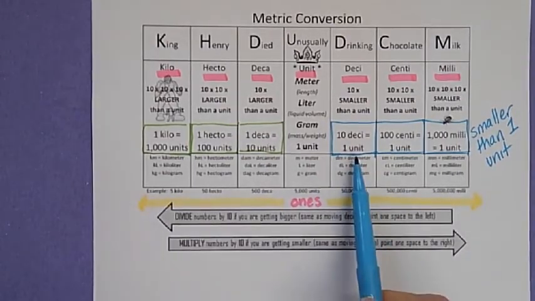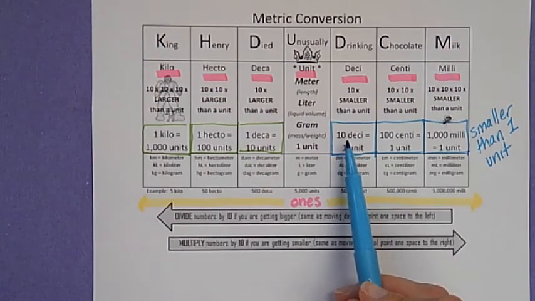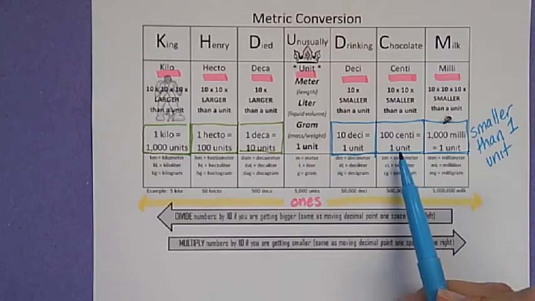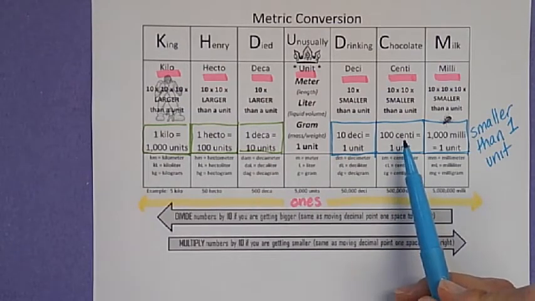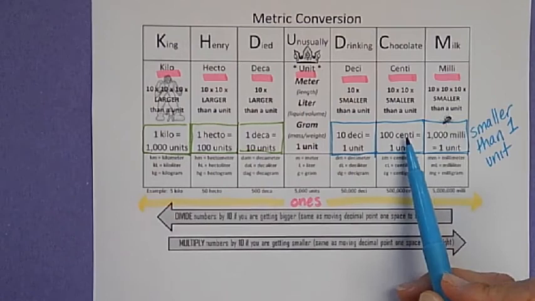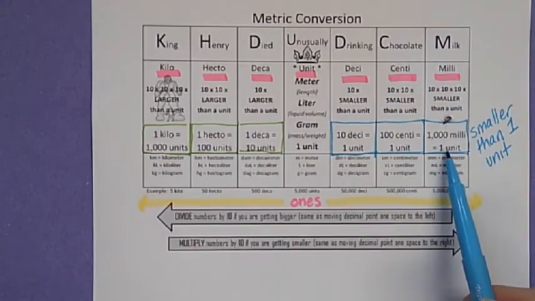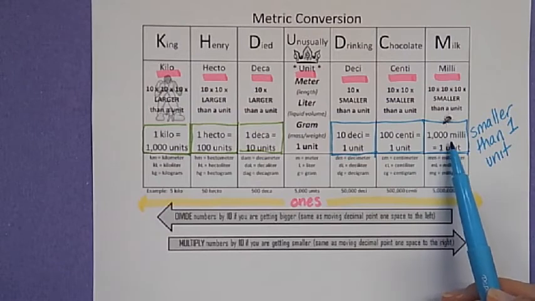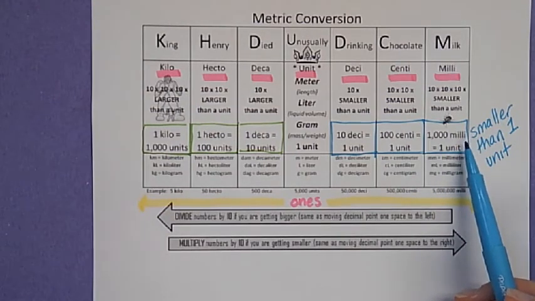So if I have a unit, I can cut it into 10 decimeters, deciliters, decigrams. If I have 1 unit, I can cut that into 100 pieces, or 100 centimeters, 100 centiliters, 100 centigrams. So just depending on what it is that we're measuring. If I have 1 unit, I can cut that into 1,000 millimeters, milligrams, milliliters.